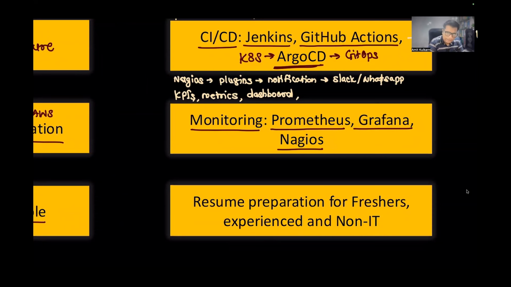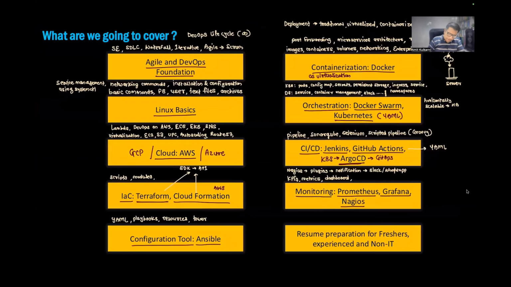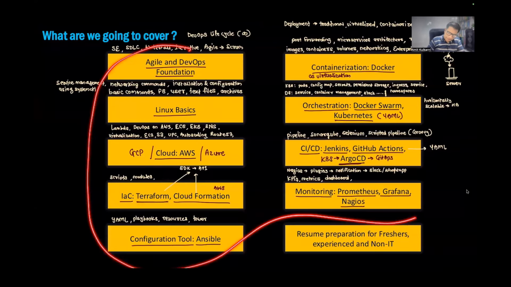That's called SNS in case of AWS. Anyways, you can configure Grafana, Prometheus, and Nagios under the monitoring part. These tools will help you to see what's currently going on. So this will cover all of our DevOps part.